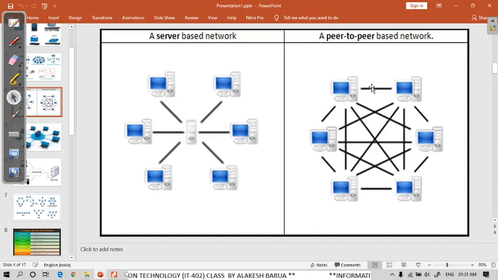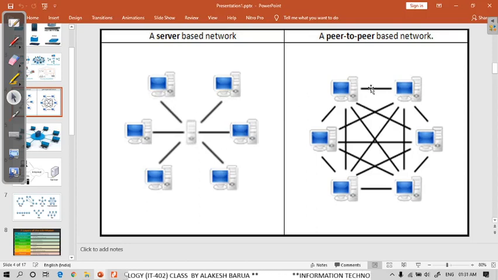Number three, there is no central computer, and the computers are powerful enough to execute programs and tasks on their own. Here, only the server can execute programs and tasks which can be accessed by the clients.